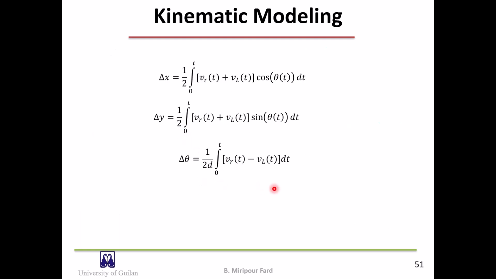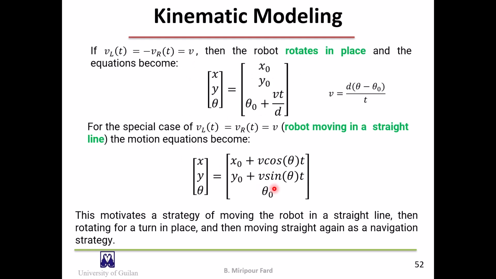Regarding these equations, if VL equals negative VR and equals constant V, then the robot rotates in place, and the equation becomes in this form.